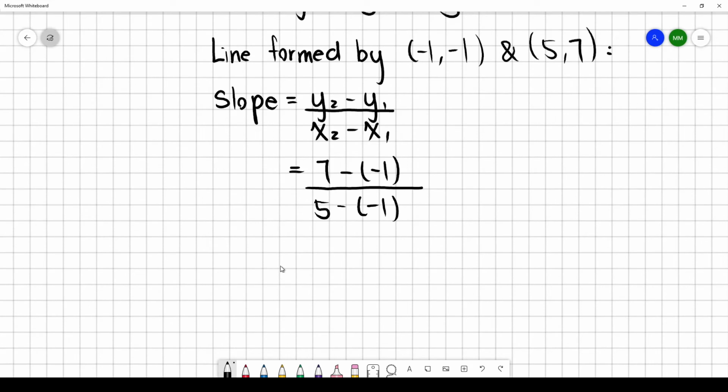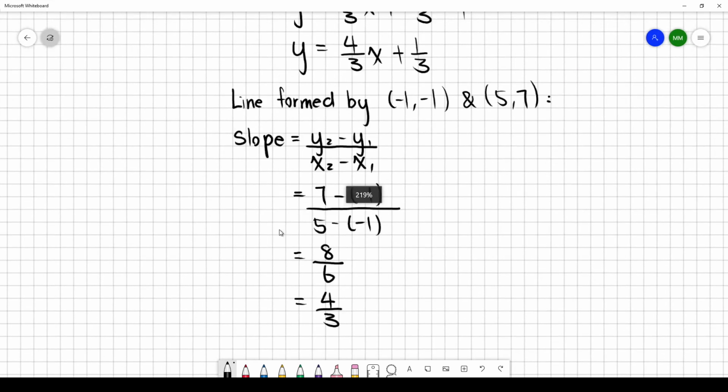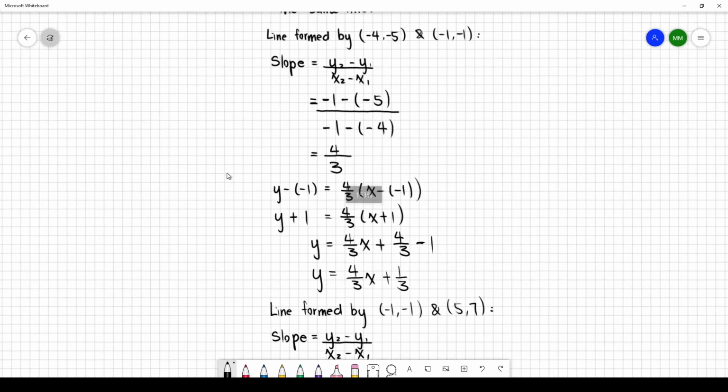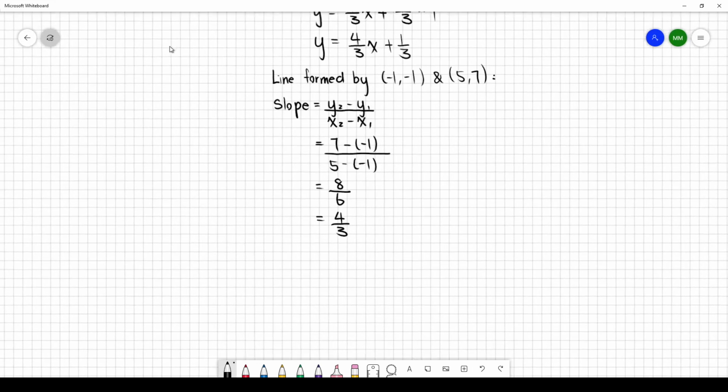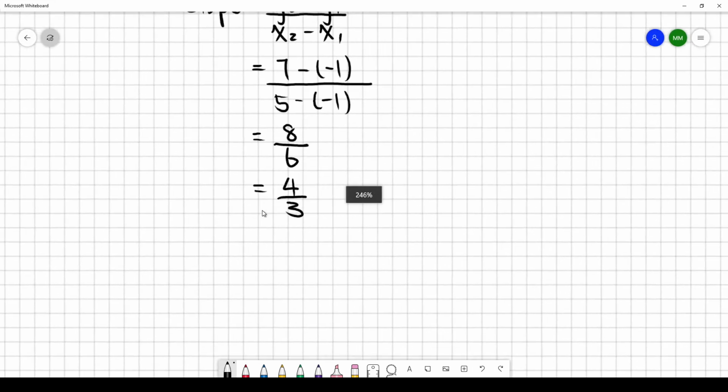This is equal to 8 divided by 6, my bad. And you can simplify this down to 4 divided by 3. So the slope matches. That's a good sign. That means they could be on the same line.